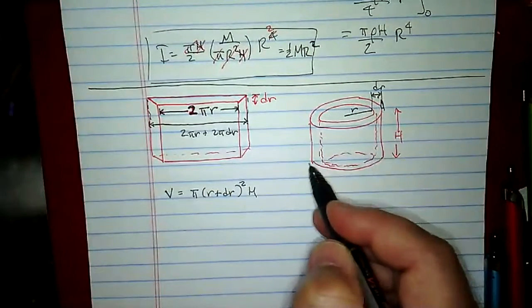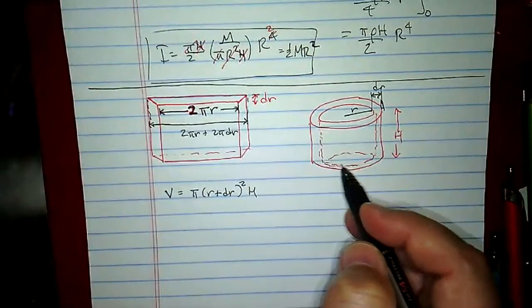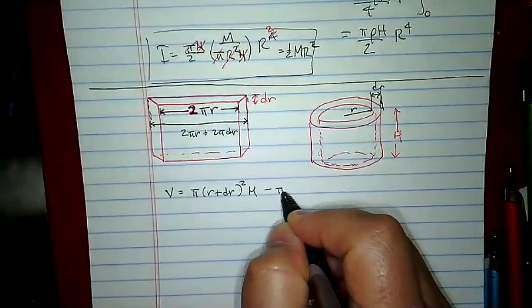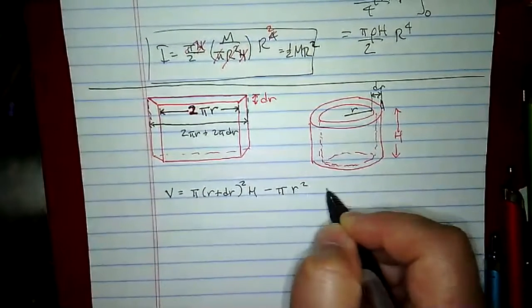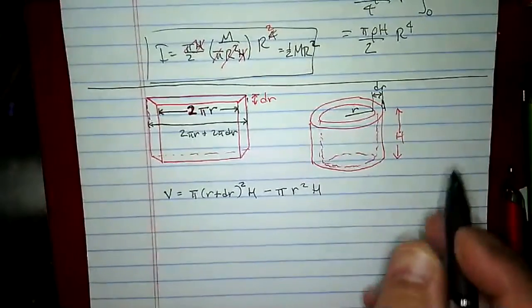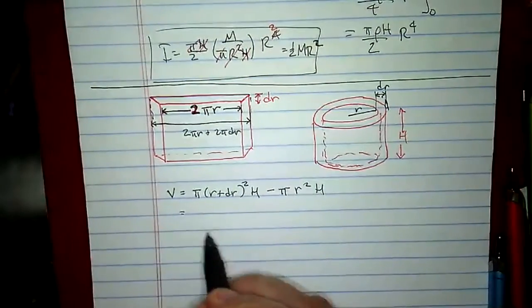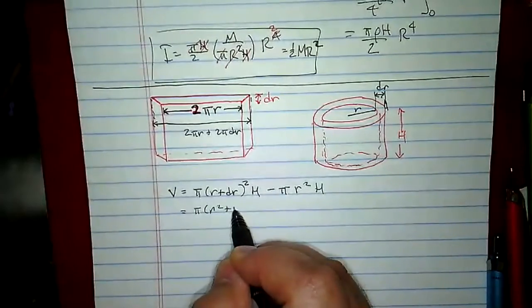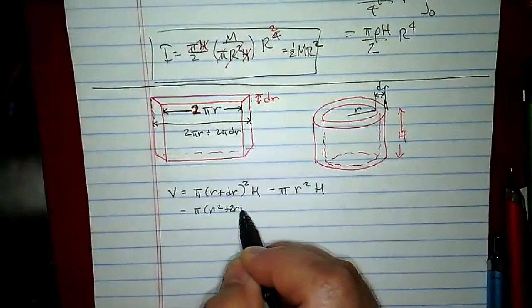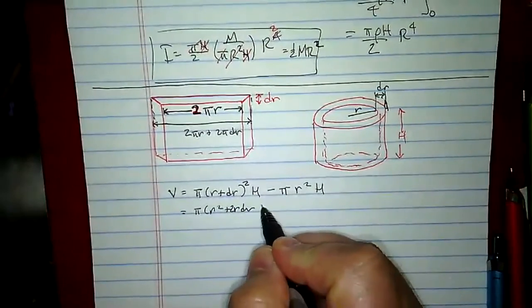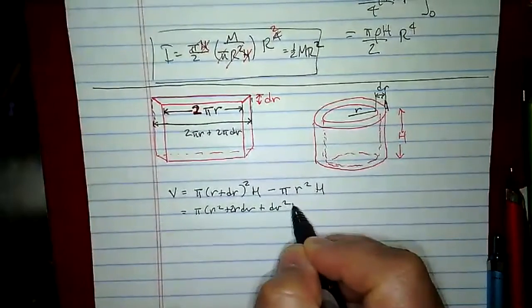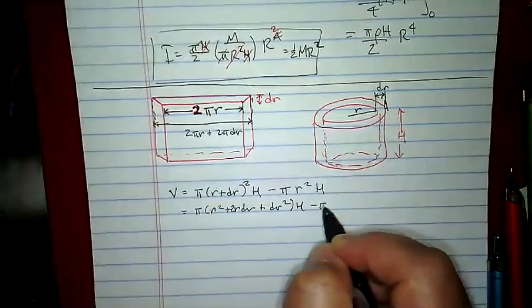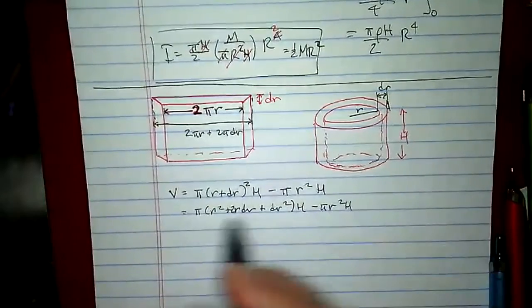Now I have to subtract the volume inside of this red inner line, so minus pi r squared times h. If I carry this mathematics out, you can see I get pi times (r squared plus 2r dr plus dr squared) times h minus pi r squared times h.